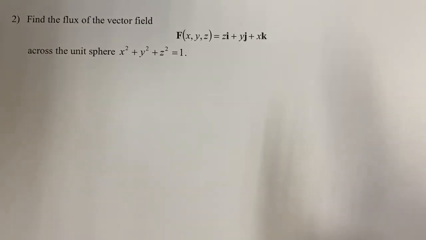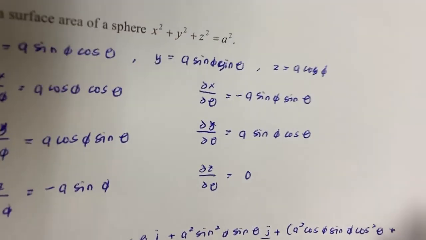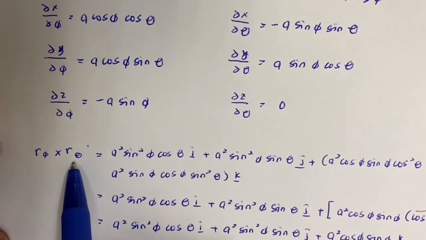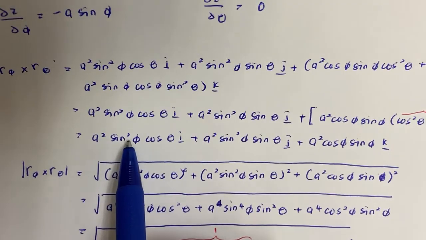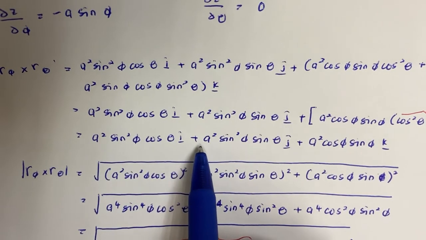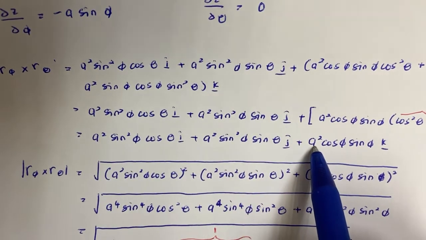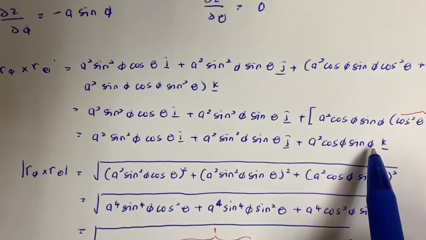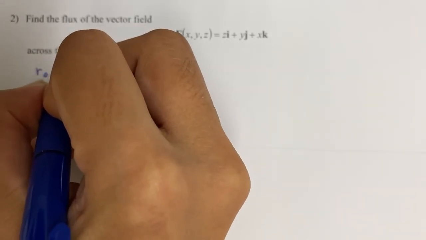From the previous example, we know that r phi cross r theta is equal to a square sine square phi cos theta i plus a square sine square phi sin theta j plus a square cos phi sin phi k.